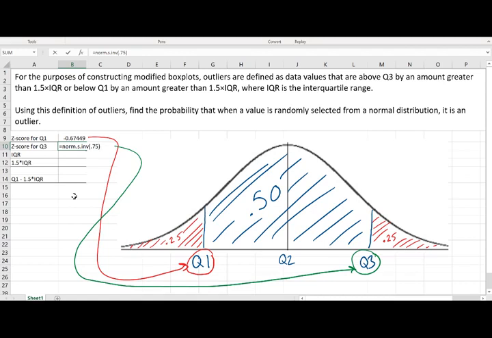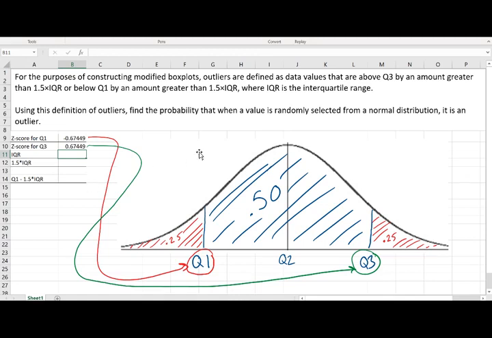Okay, and we should get exactly the same number, just positive, because the normal distribution is symmetric. Okay, so now we have our first quartile, the z-score that separates the lower 25%. We have our third quartile, the z-score that separates the lower 75%.